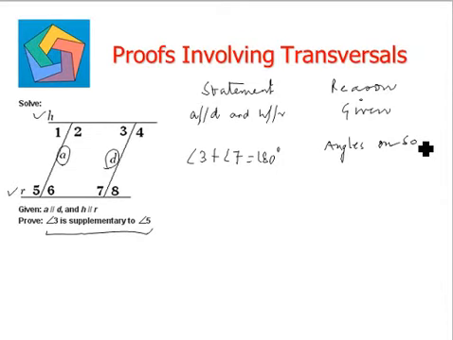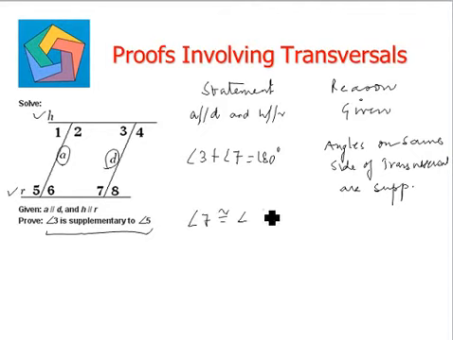Angles on the same side of the transversal are supplementary, that is, the total is 180 degrees. Now because A is parallel to D, angle 7 is congruent to angle 5. This is by the corresponding angle theorem.